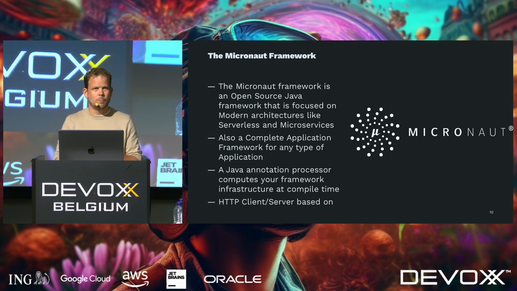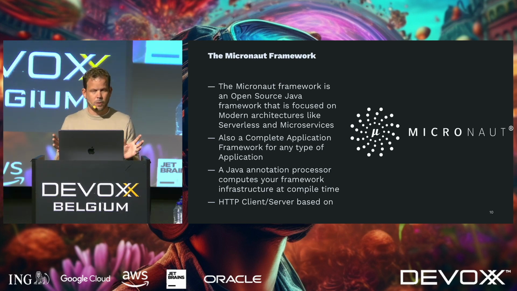It's a more complete application framework, in that it's not just a library for building HTTP style applications. You can build any type of app, and we have different runtimes for command line apps, for serverless, and for different kinds of applications. It's an annotation-based programming model, much like Spring is.